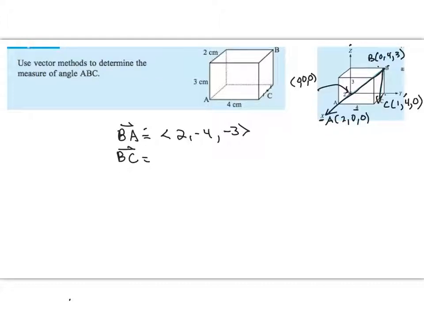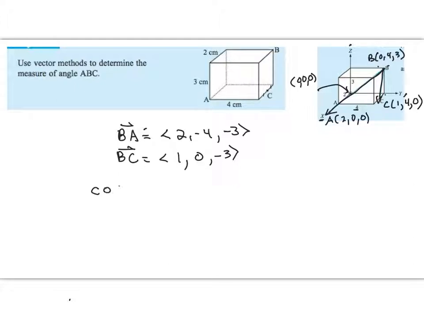From B to C, if I'm starting out at 0, ending at 1, I've moved forward 1. If I'm starting out at 4, ending at 4, that's 0. And 3 to 0 is also negative 3. Okay, now I have my 2 vectors.